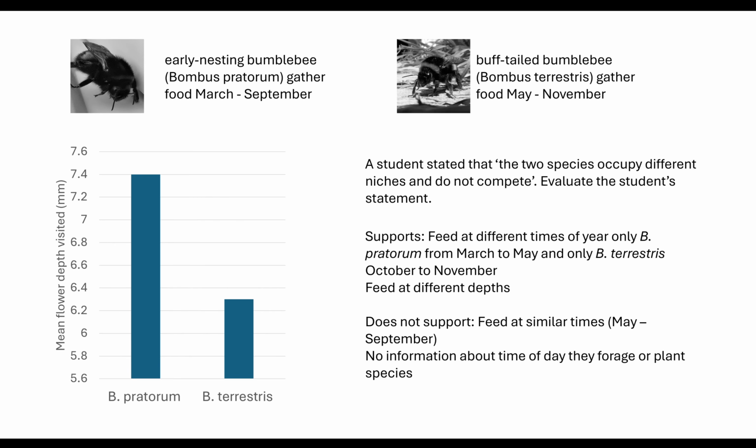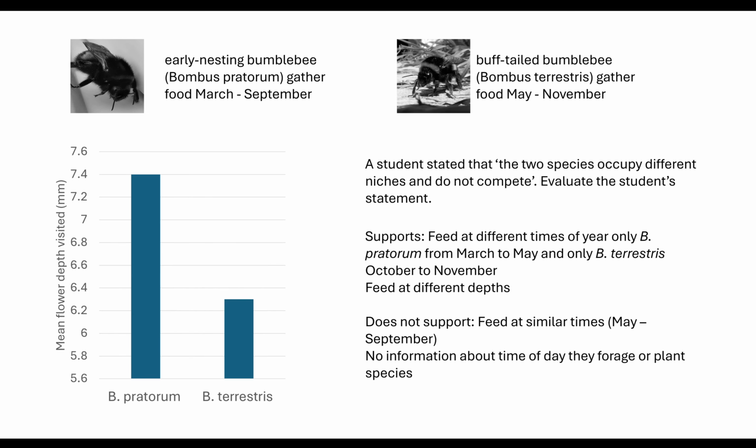They gave you a whole load of information, and therefore they want you to see that there is information that supports. For example, they feed at different times of year. With regards to the Bombus pratorum, they are going to feed on their own between March and May. When we look at the Bombus terrestris, that is going to feed only between October and November on its own. So there are some times throughout the year where they are feeding on their own.